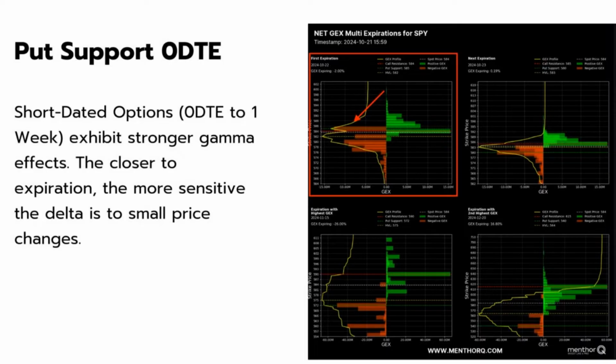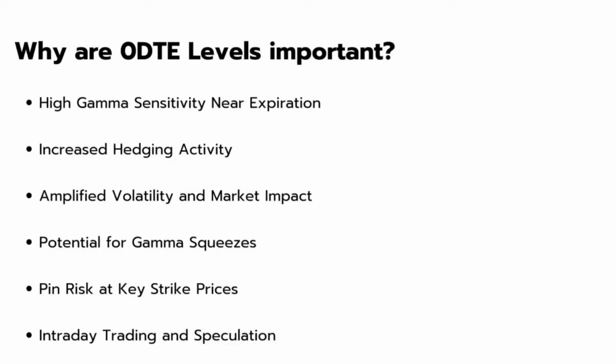All right. So let's go back to why these levels are important, and we talked about it yesterday. Basically, the closer the option is to the expiration, the more sensitive the delta is to small price changes, and that could also lead to a big change in gamma.